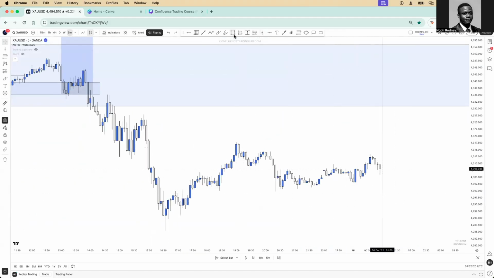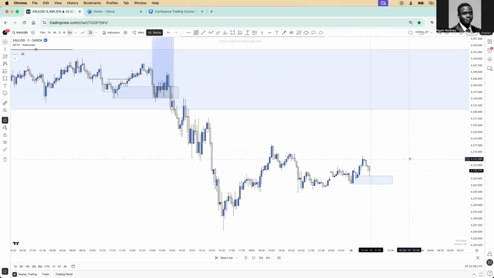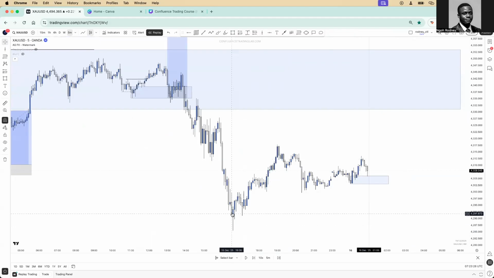So on M5, I'm seeing this very nice level here. It got tested before, but possibly can get tested again. There's now this one as well. It got partially tested here. So if you are wondering, this is the inducement here, and then this is the break here.